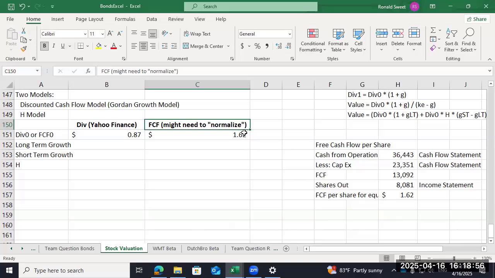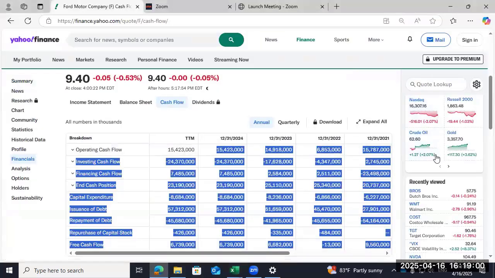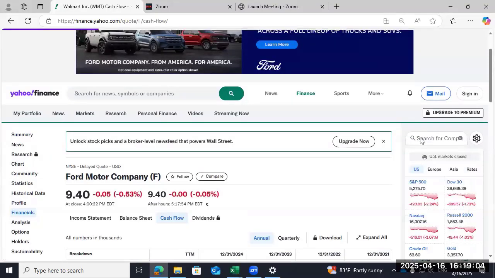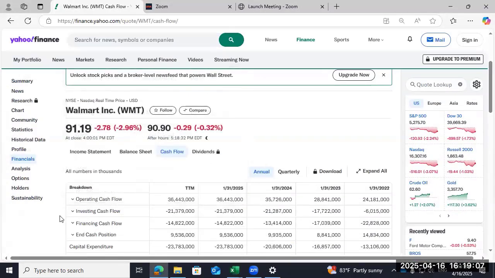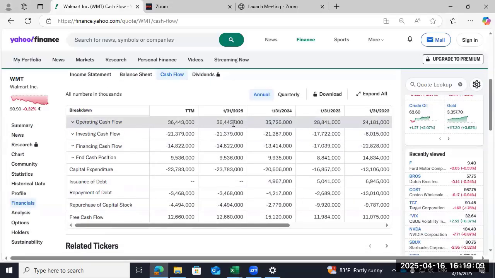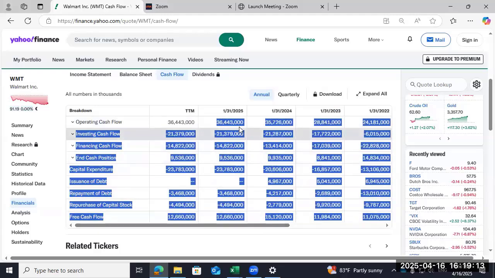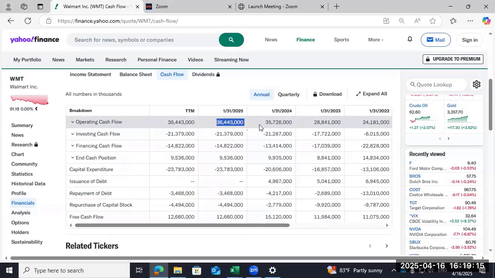All right. I don't think I need to normalize for Walmart, but I can look at it certainly. It's possible, not that the current year is really low, it's possible the current year is really, really high. But Walmart looks okay.